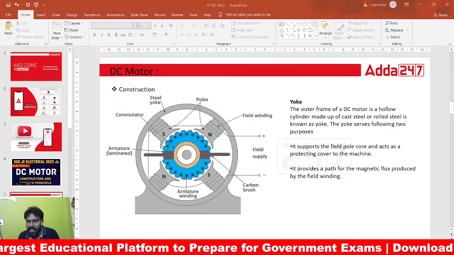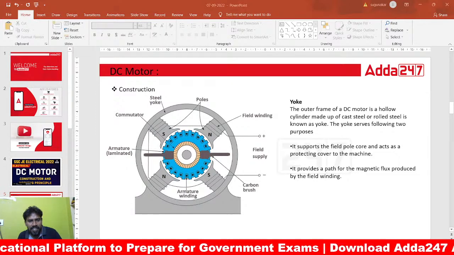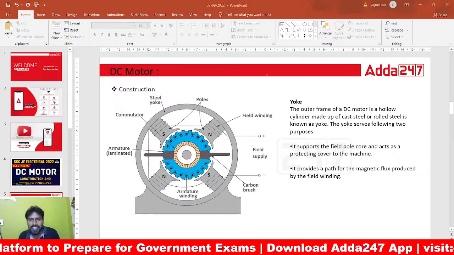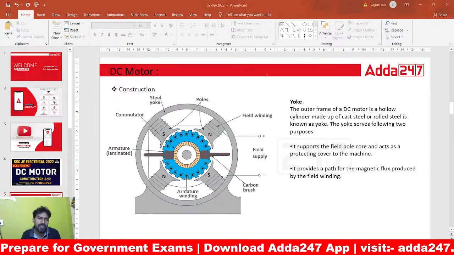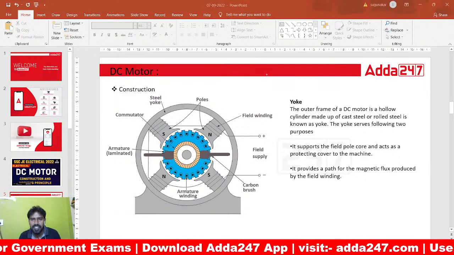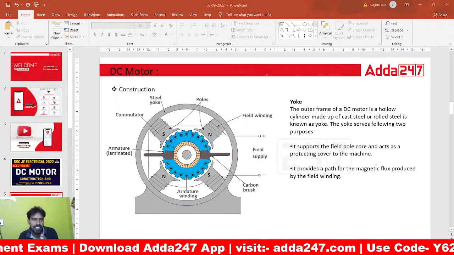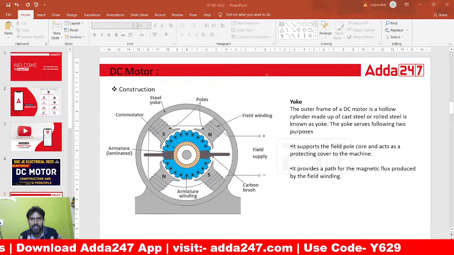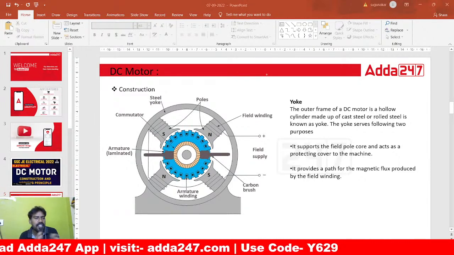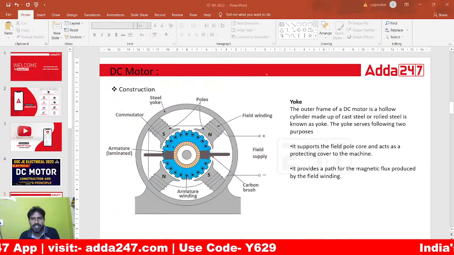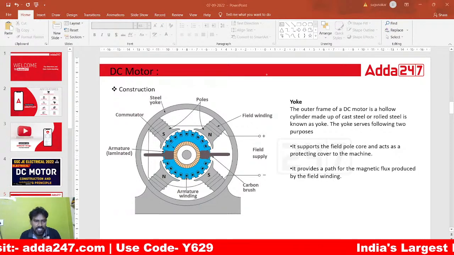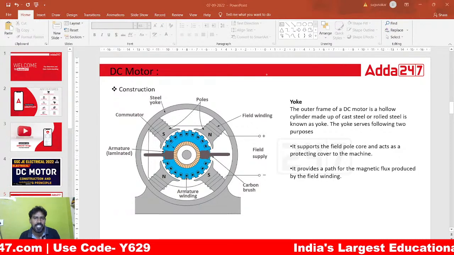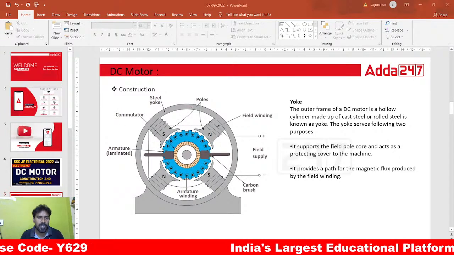Which part is moving, which part is stationary. Here in this system mainly we are focusing on the magnetic field and armature. Field is stationary and armature is rotating. So you can remember this point.